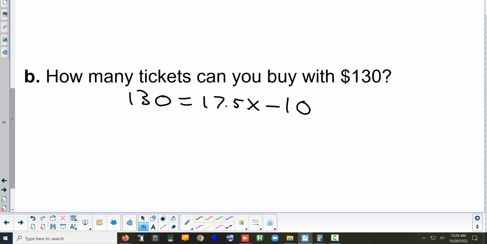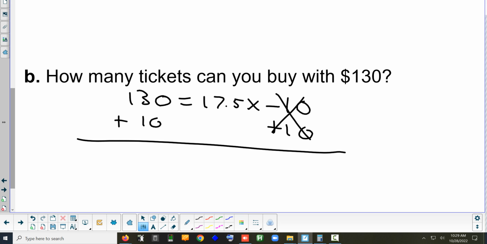Okay, what would be my first step? I'll give you a hint. There is no S part of this problem. There's no distributive. There's no combined like terms. So you can jump to adding or subtracting. Yep. We're going to add 10 on both sides. Can you tell me what that would give me when I do that?